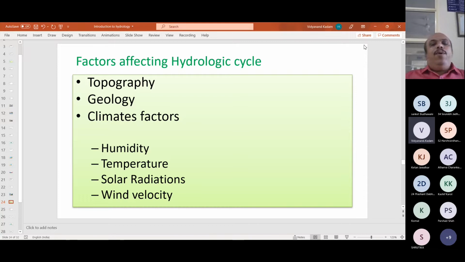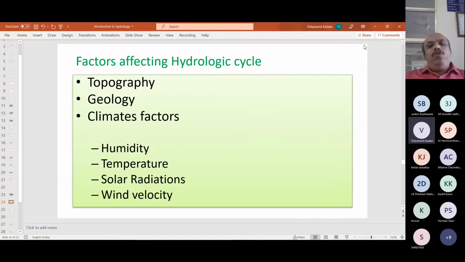And if the geology is such that there is an impervious barrier of rocks in the upper layers, in that case runoff will be more. In the first case, groundwater will be more and surface runoff will be less. In the second case, surface runoff will be more and groundwater level will be less.